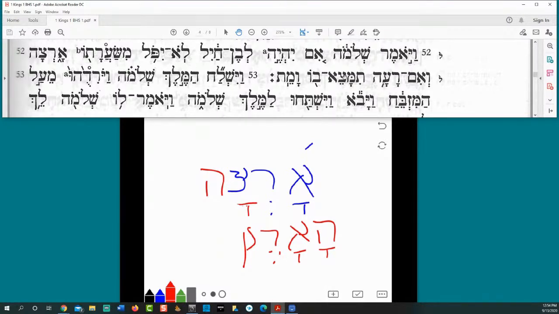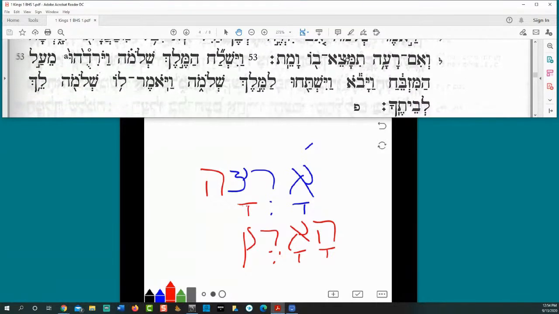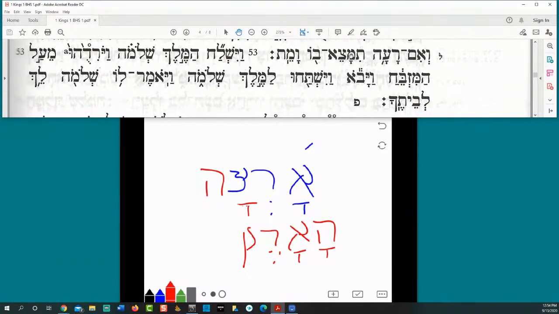One of his single hairs will not fall to the ground. Maybe not a single hair of his will fall to the ground. That's a good way to say it. Ve'im ra'a timatsevo vamet. Okay. So the opposite. But if evil is found in him, so here is your nifal form, timatse.